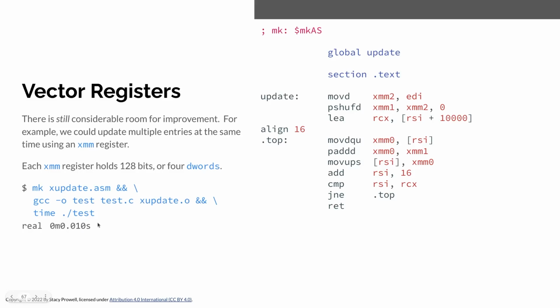Now I'm about 1/5 of the time, right? You would expect it to go down by a factor of 4 because we're doing 4 at once, but again, we're reducing the number of times we hit a conditional branch, and so we're getting a little more than a factor of 4 speed up, almost a factor of 5. Really, really fast. This is about as fast as we're going to get this operation.